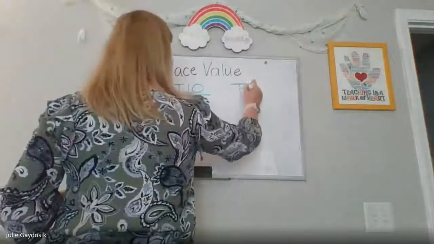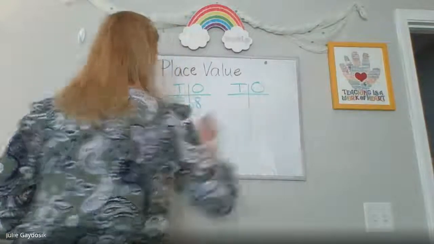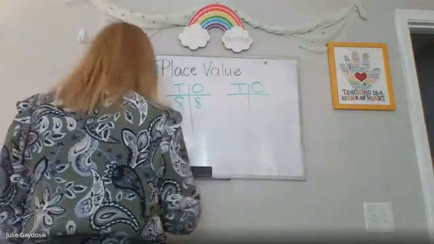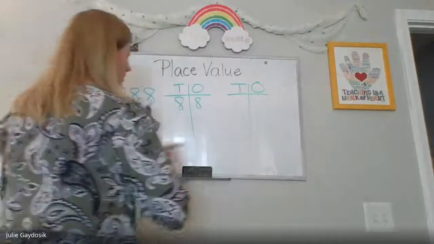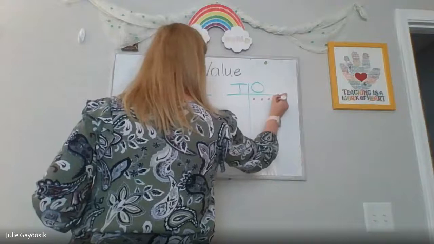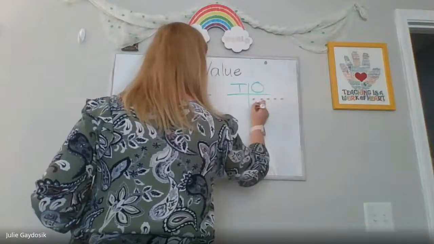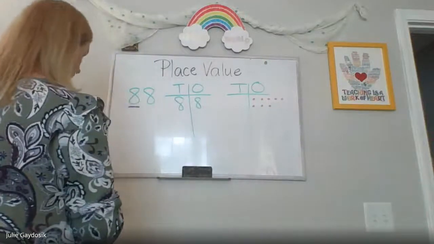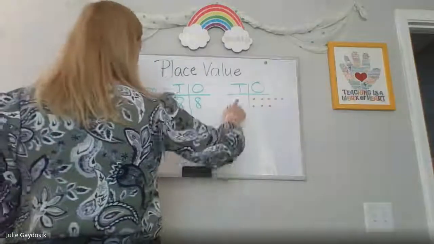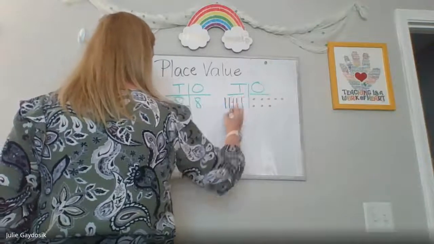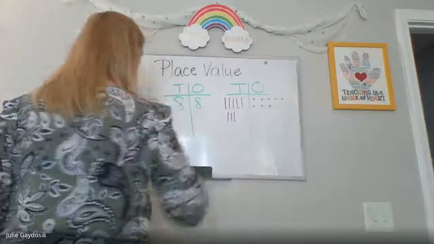Then I'm going to draw 88. I have 8 ones. 1, 2, 3, 4, 5, 6, 7, 8. Tens. 1, 2, 3, 4, 5, 6, 7, 8.